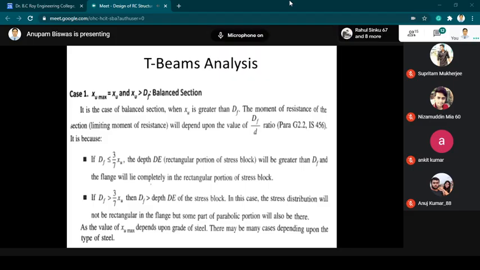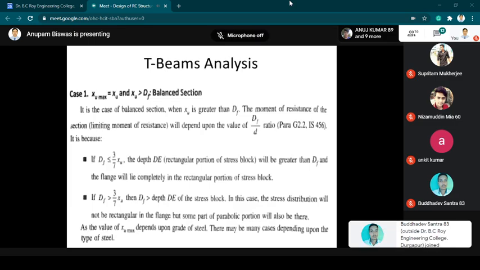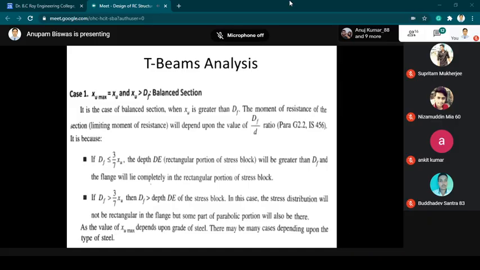Again we will have two sub cases of this case one, depending on the depth of flange compared to the portion where the compression is acting, that is, at a depth of 3 by 7th of XU.